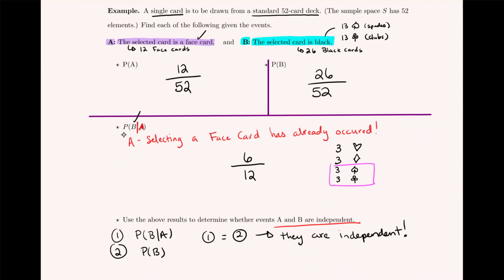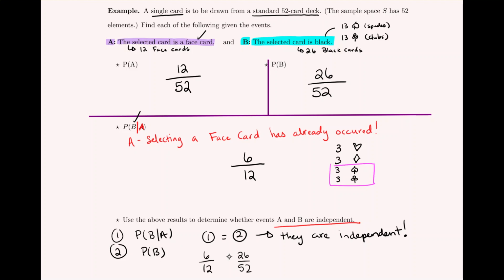So we already found the probability of B given A, that was 6/12. We already found the probability of B, that was 26/52. Now the fractions might not look the same, but we know fractions can have equivalent values even if they look different.